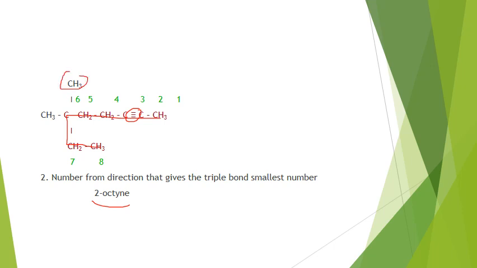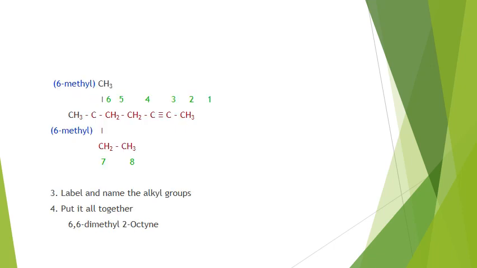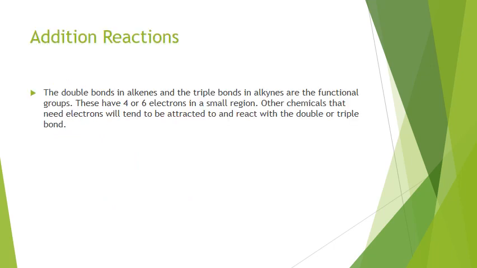And then you have a methyl coming off of number 6, and it also comes off of 6 here. So it comes off the same carbon. Again, as we showed before, you have to tell, so it's going to be a dimethyl, and both of them come off of number 6. So it's going to be 6,6-dimethyl-2-octyne.